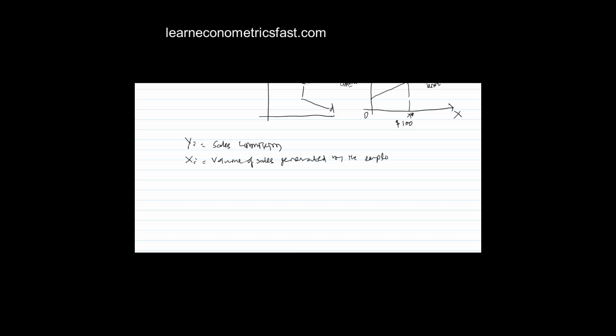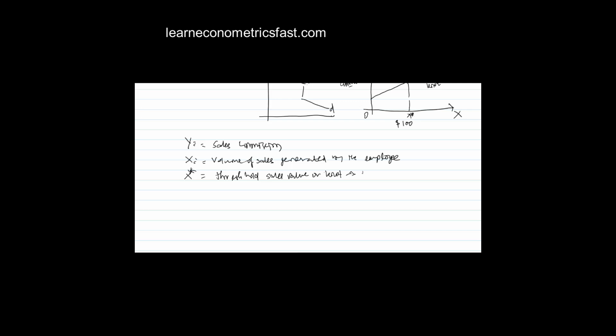And x star is your threshold value, remember? If the employee is selling more than this amount, then there will be incentives. So x star is your threshold sales value, after which the commission starts.